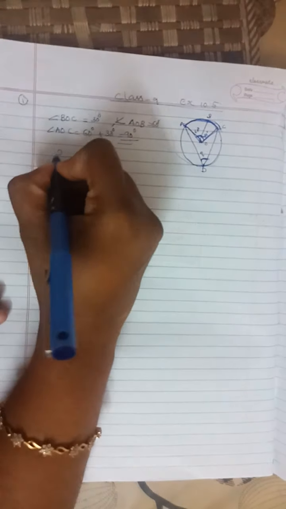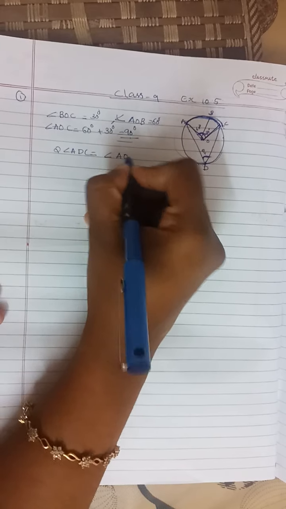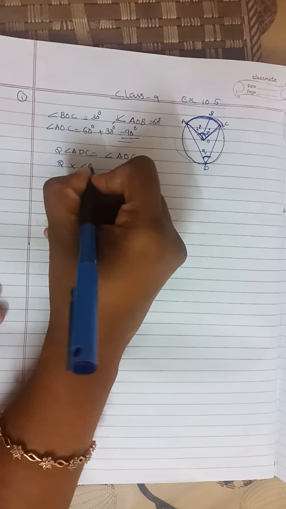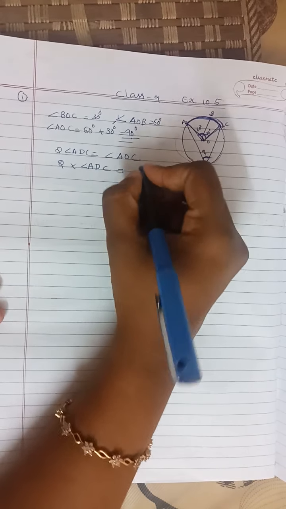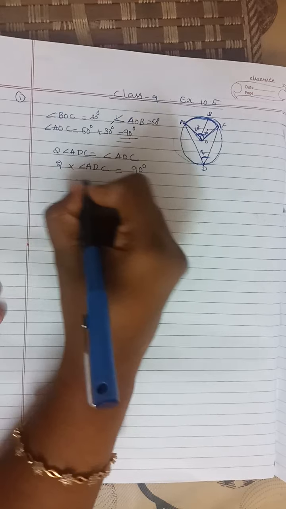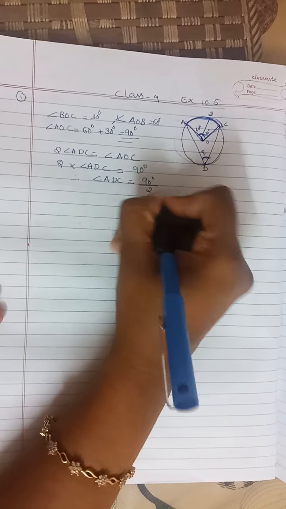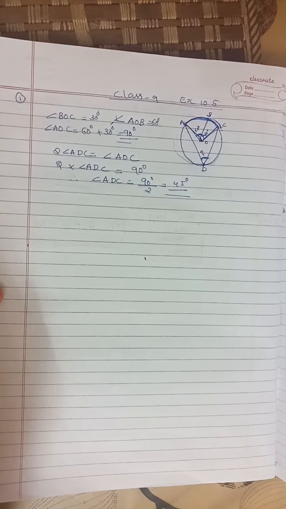So 2 into angle ADC is equal to angle AOC. AOC we have here as 90 degrees. Therefore, angle ADC is equal to 90 degrees divided by 2, which is equal to 45 degrees. This is the final answer. Okay. Next.